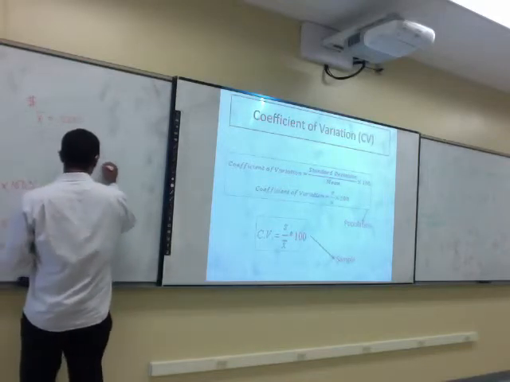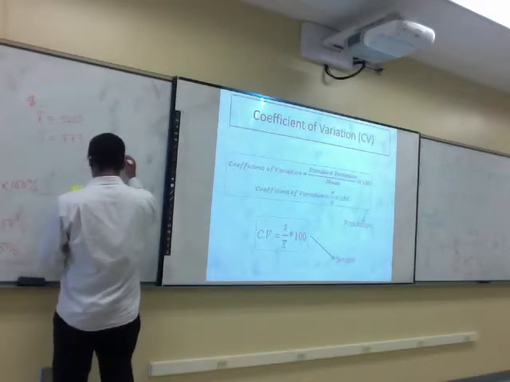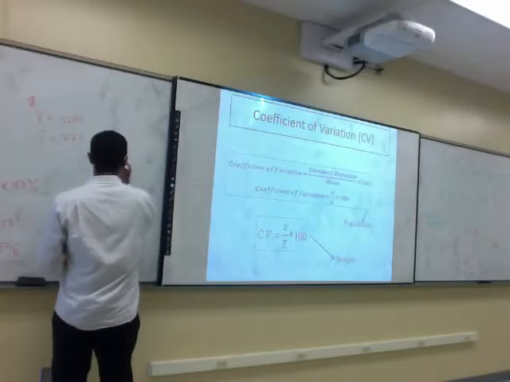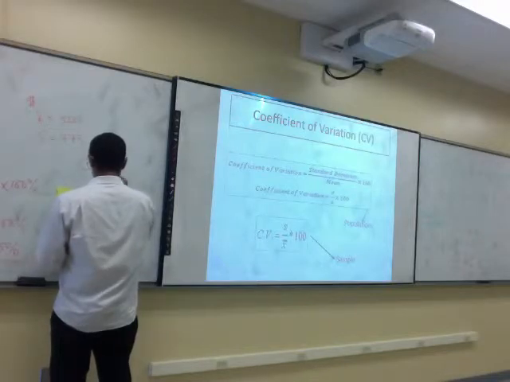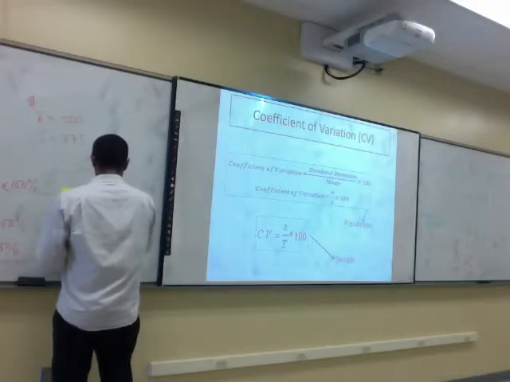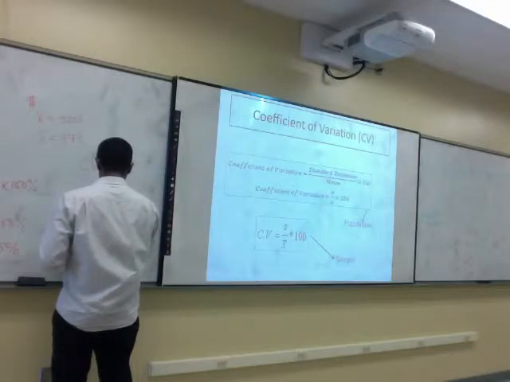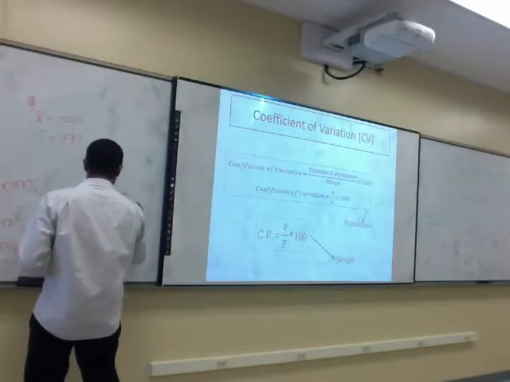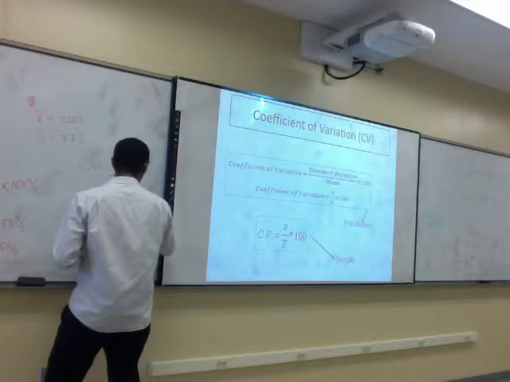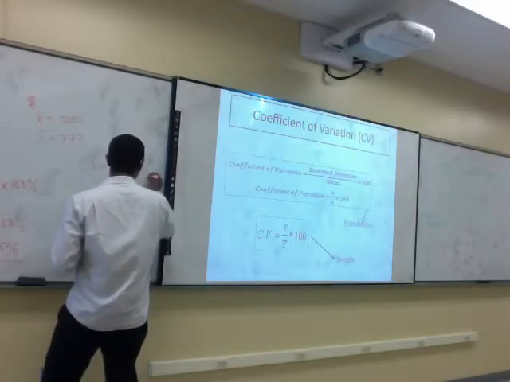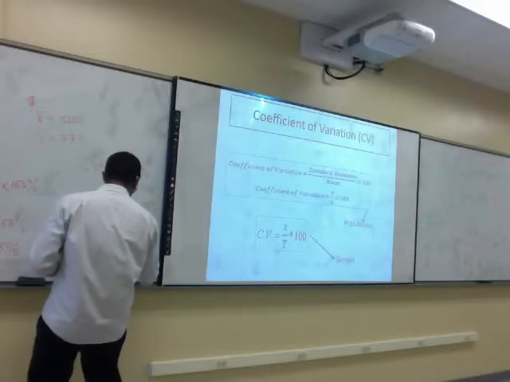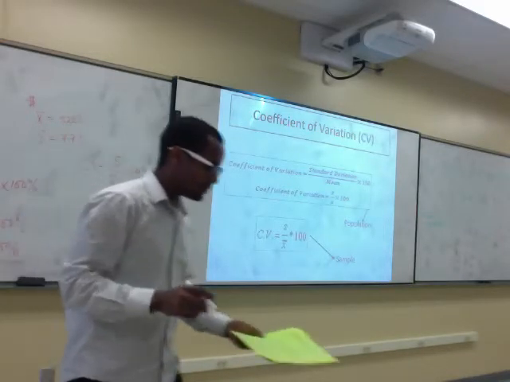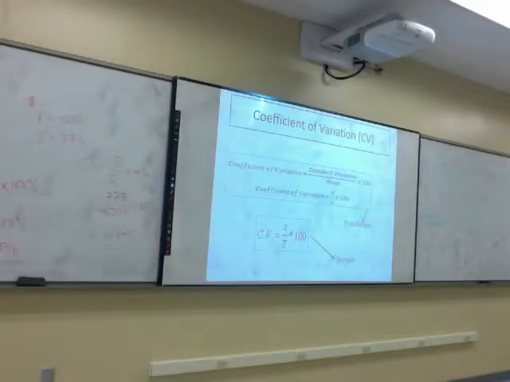For the amount they paid out to these employees, it will be the standard deviation divided by x bar, where 773 will be the standard deviation, divided by 52.25 times 100%. Then you will have 14.79% or 15%. You can put it that way, that's fine. Of variation. Now, what can we say about this?